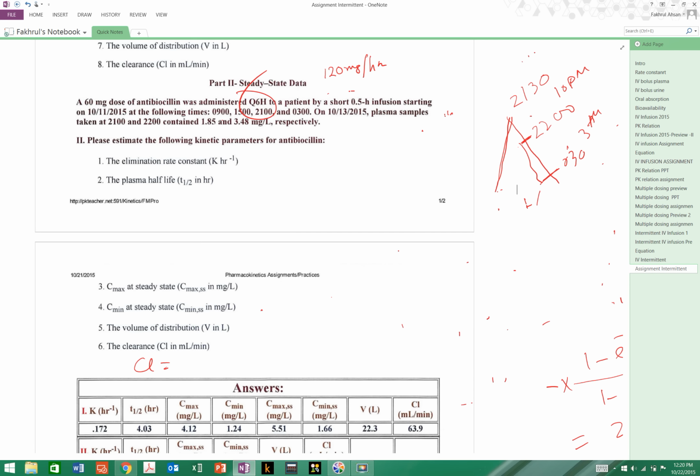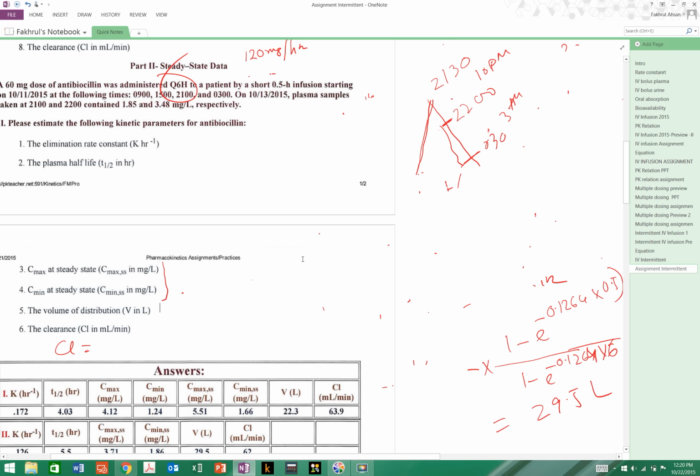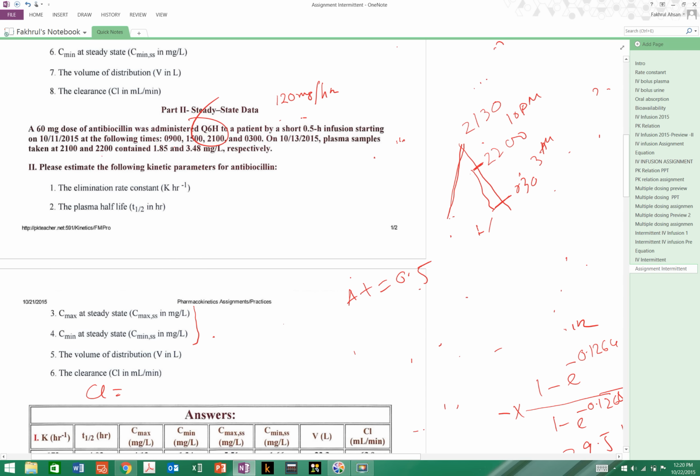This is easy. Here in case of Cmax, you have delta T was 0.5, because if you look here, your peak sample was 2100, and dosing was started at 2100, and it continued for 30 minutes.